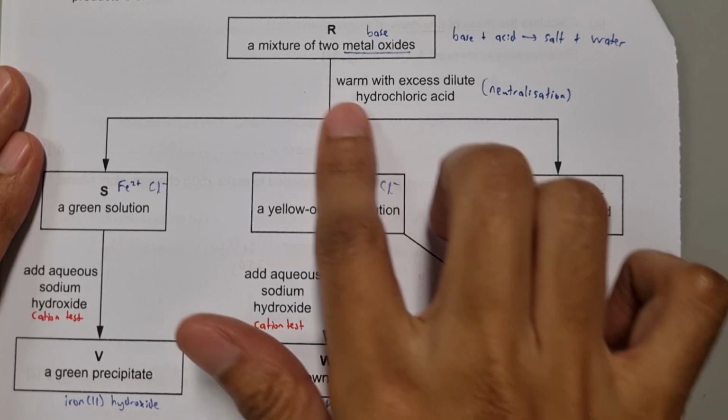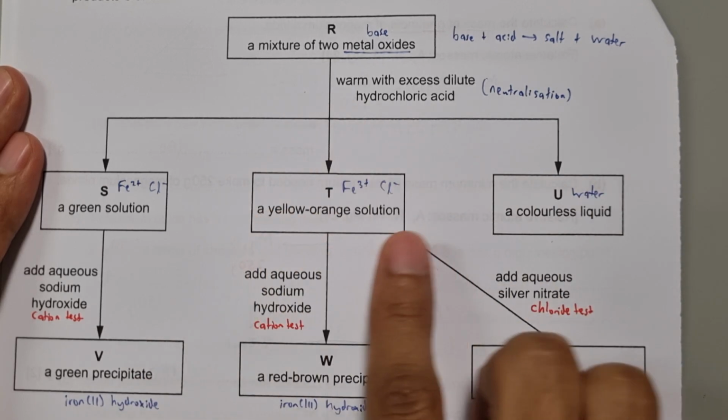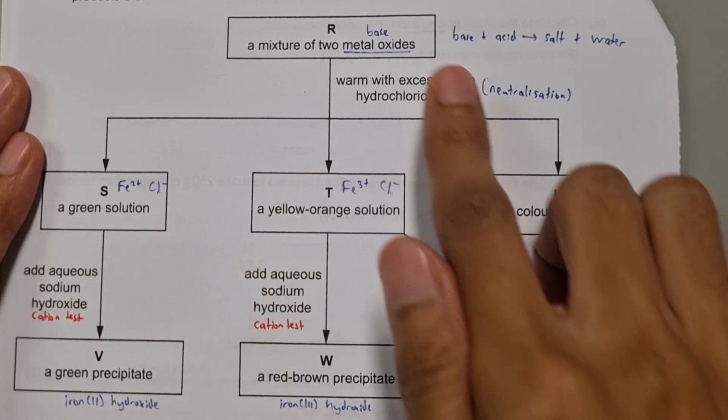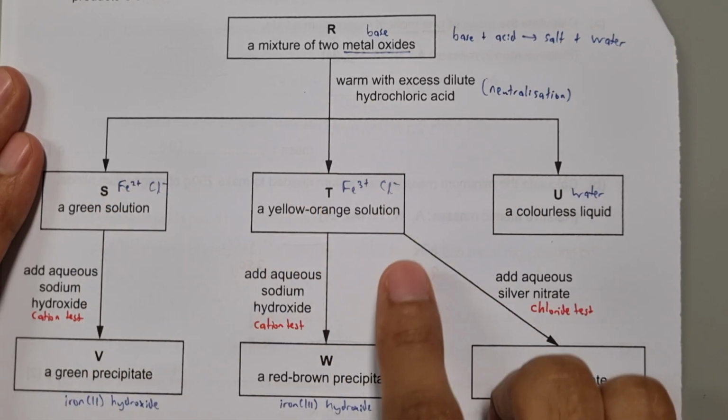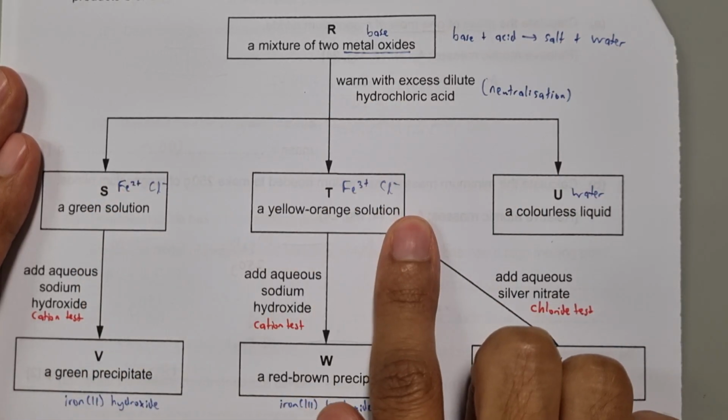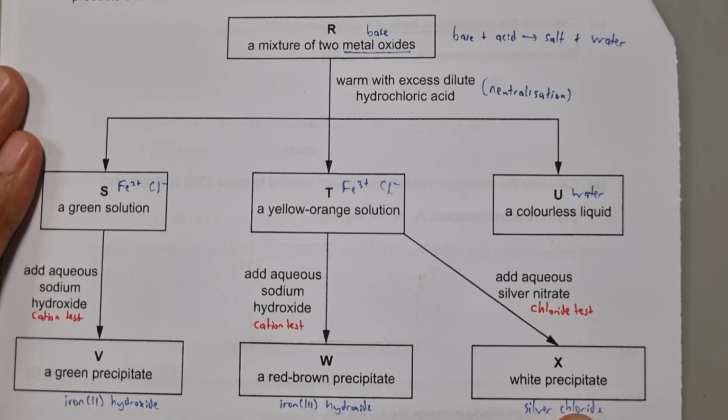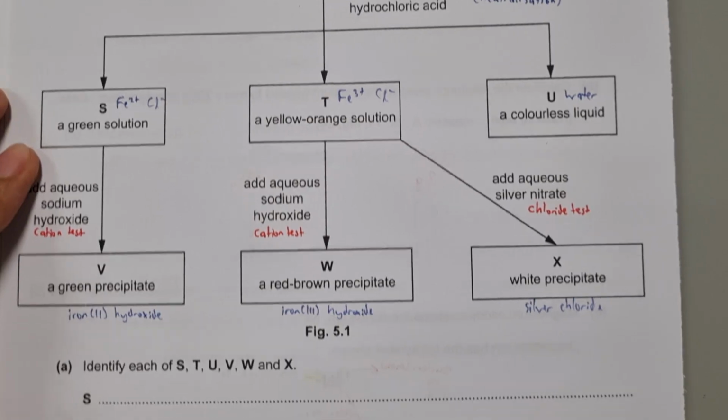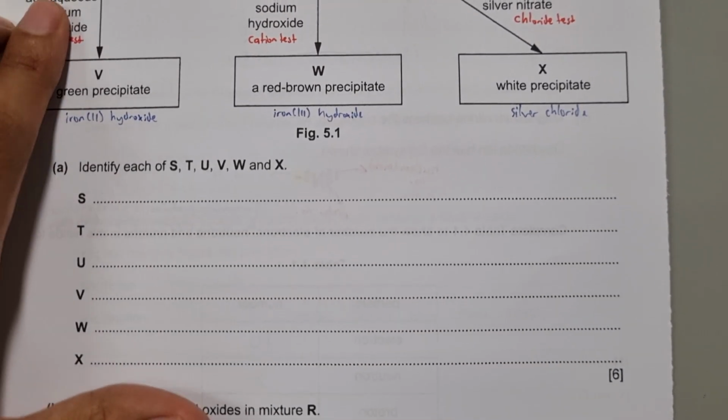And between both of them, because they react with hydrochloric acid, they also contain the chloride ion, which will give a white precipitate with silver nitrate. Next, so we can write all the answers down.